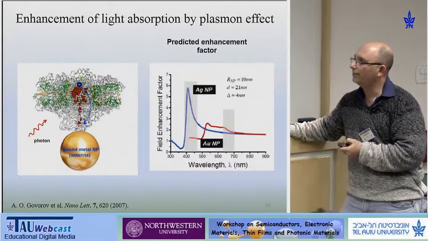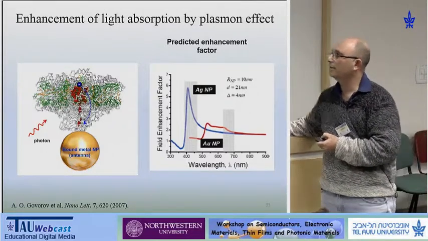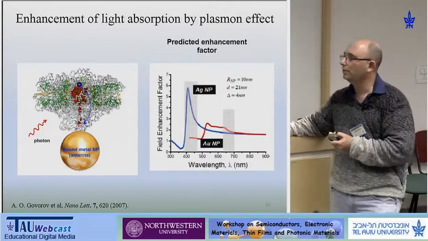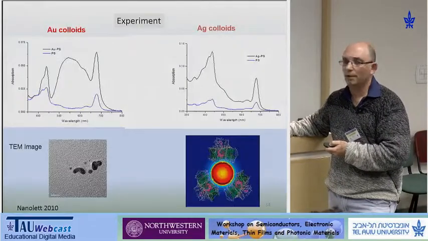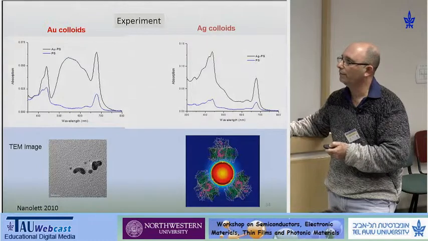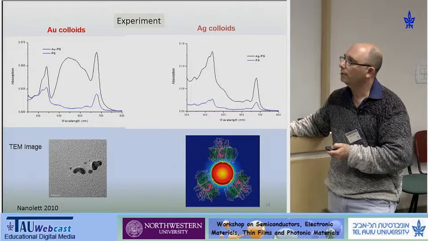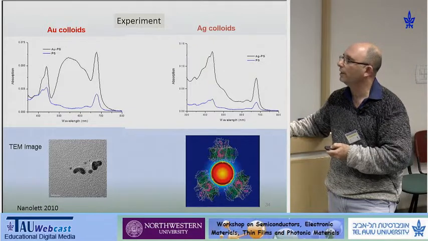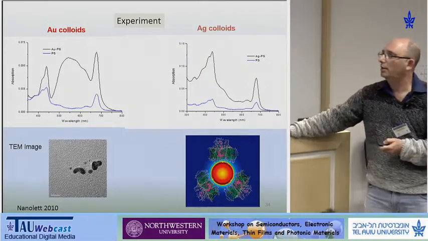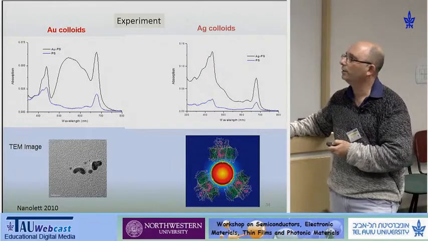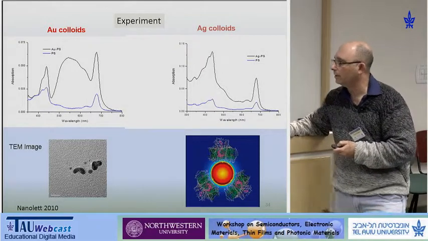It took us several years and different models suggested by Sasha to show that this is doable. So these are the Photosystem 1 pristine structures. These are the Photosystem 1 coupled to the nanoparticles. You see that there are nice applications with the silver colloids and the gold colloids as well.